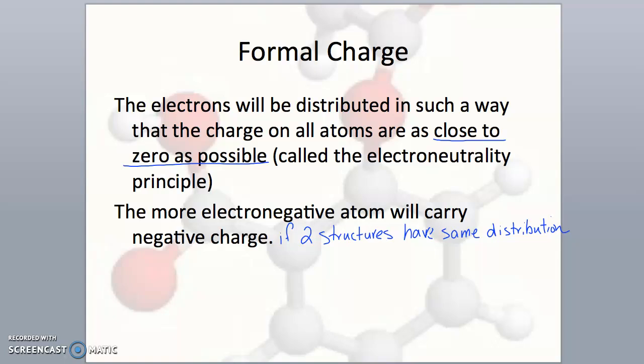This is kind of rare, but when this happens, we can look to electronegativity to see which one gets the -1. So the higher the electronegativity, that one will have the -1 in this case. So pretty rare, but we'll come across it.